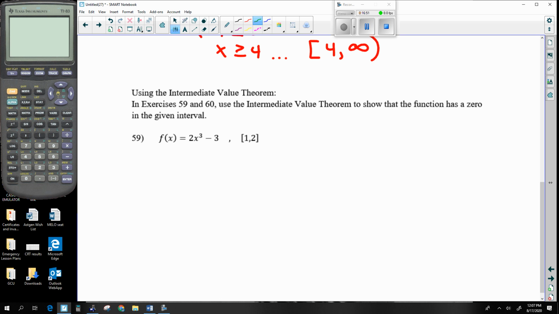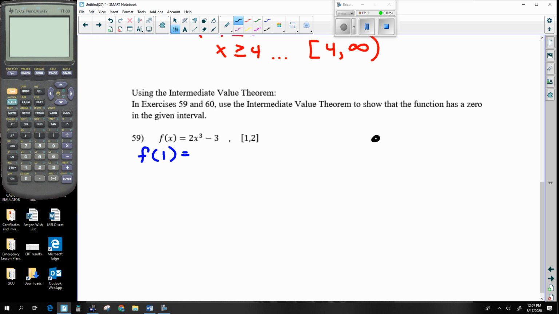Okay, so we see that it's continuous. Now what we want to do is show that there is a 0 in between here. To do that, we show those endpoints.